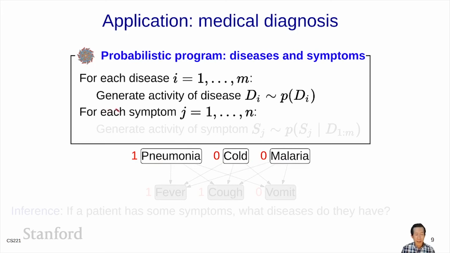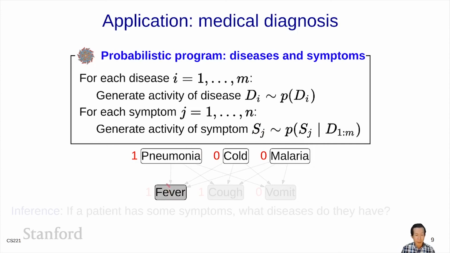And we're going to have a set of symptoms where for each symptom we generate an activity of that symptom, Sj. So we might have fever, which depends on the diseases, and we might have a cough, which depends on a set of diseases, and we have vomiting, which depends on the diseases.